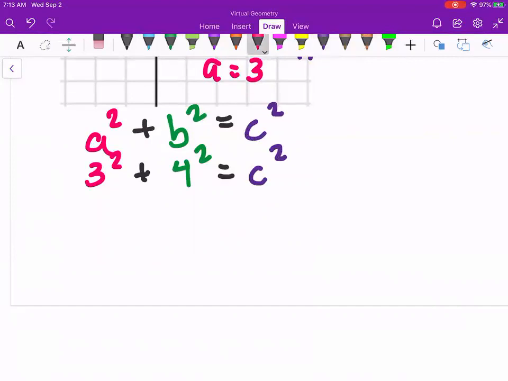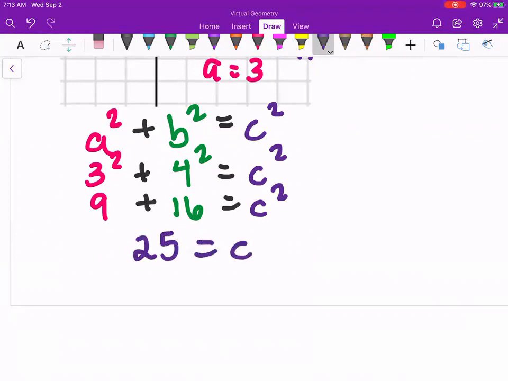So 3 squared, 3 times 3 gives us a 9. 4 squared, 4 times 4, a 16. And I'm still trying to find C squared. So let's keep going. 9 plus 16 gives us 25 for C squared. But remember, I need the C for my distance. So this is where we will have to do a little bit of a solve.